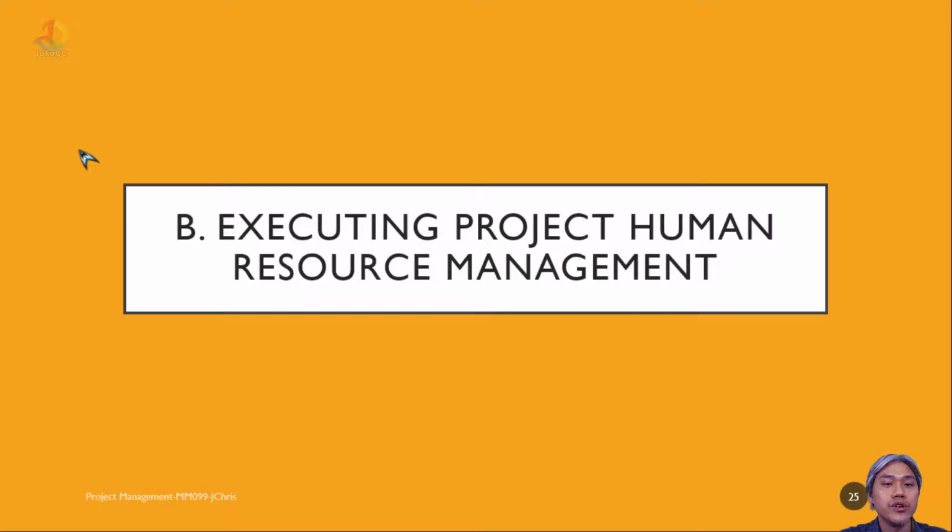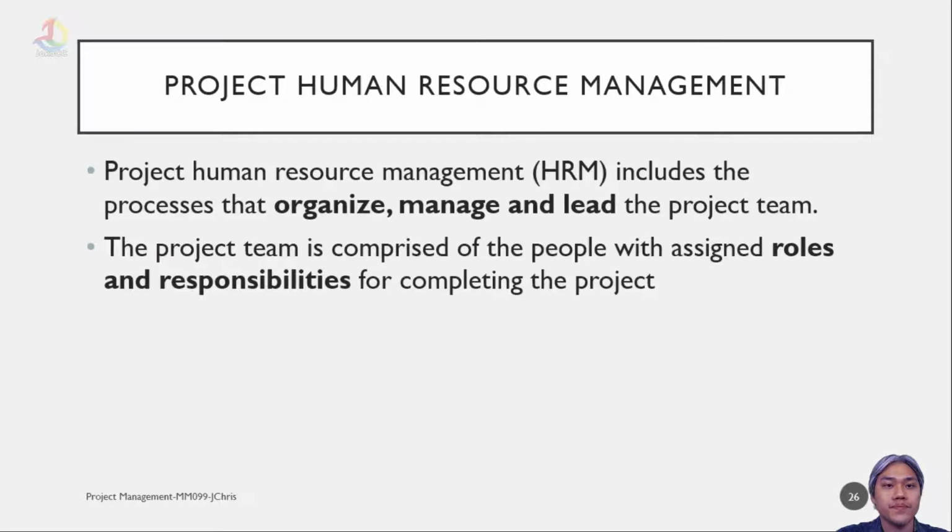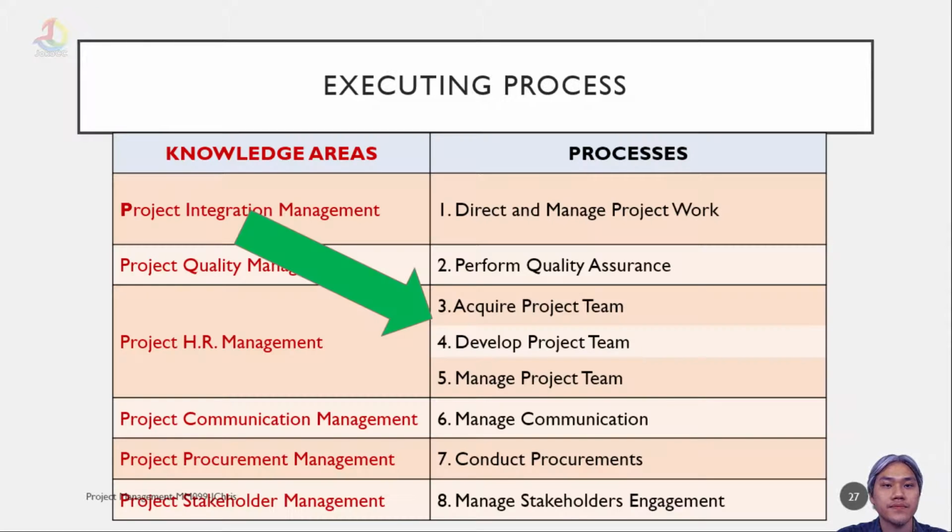In part 2, we're going to talk about executing project human resource management. Project human resource management, we'll just call this HRM, includes the processes that organize, manage, and lead the project team. The project team is comprised of the people with assigned roles and responsibilities for completing the project.